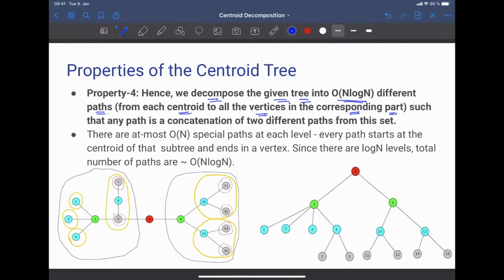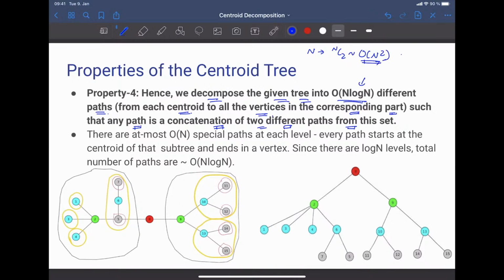Okay, and because of property 3, any path in the original tree can be represented as a concatenation of two different paths from this set of n log n paths. A tree has n nodes, so it can have nC2, which is basically order n square paths.